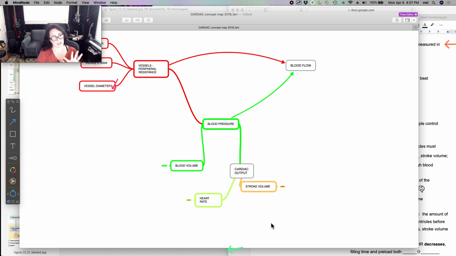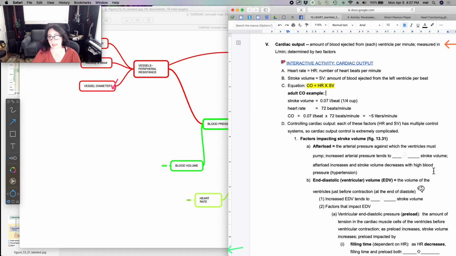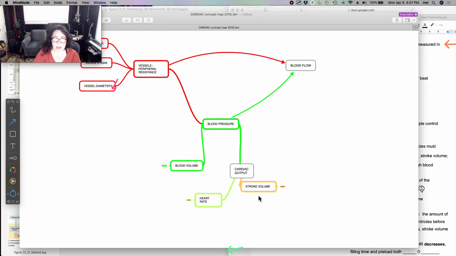But what is it that controls how much blood leaves my heart every single time the ventricles contract? Not heart rate, that's a totally separate thing. So per squish, how much leaves and what controls that? What are the factors that control stroke volume? And that's what we're going to talk about right now. Each of these factors, heart rate and stroke volume, has multiple things that control it.